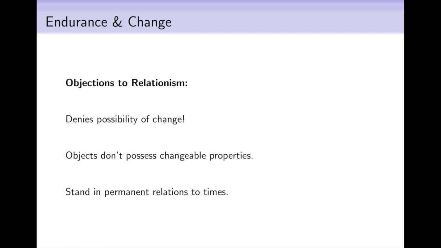So we've already seen that sort of charge levelled against Perdurantism and also Presentism. The reason for the charge is slightly different in the case of relationalism. According to the relationists, objects don't possess the sorts of properties that can change. All they possess are relations to times, and those relations to times are permanent, right?